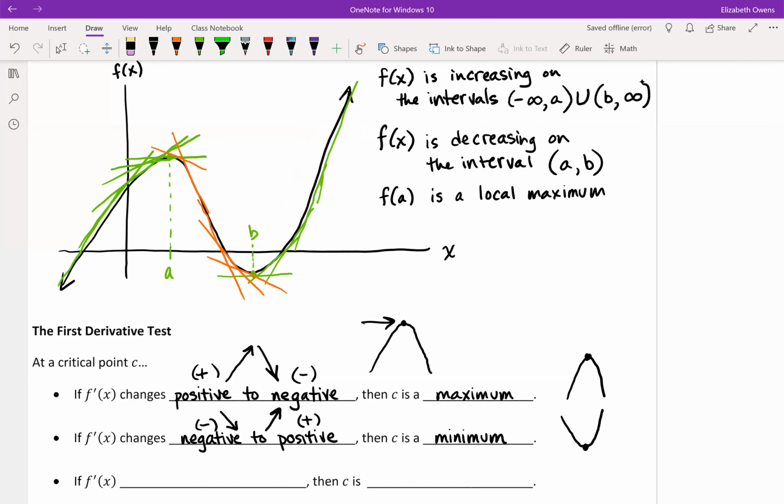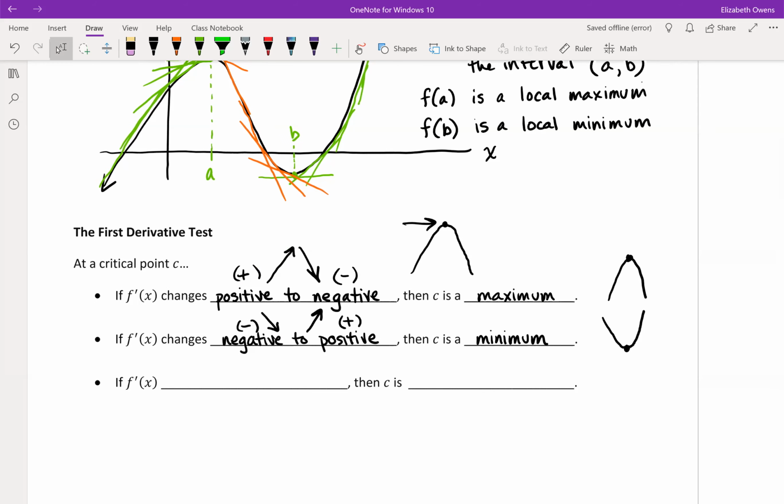And so we can see that there at our critical point with B, f of B is a local minimum. So that works with the first derivative test as well. Okay, so f of B is a local minimum.